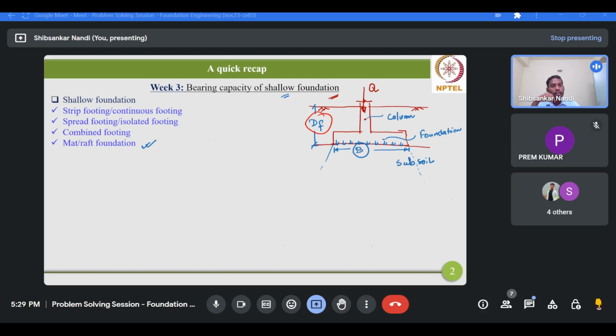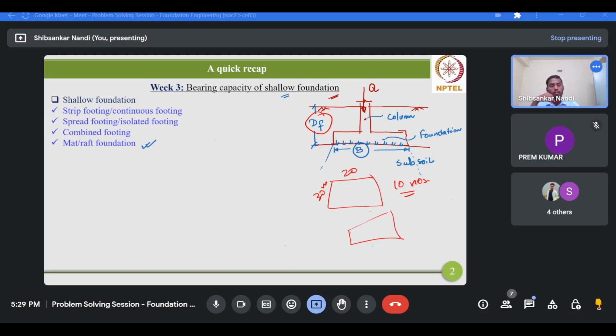So in that case, suppose this is the plan area 20 meter by 30 meter and you have 10 number of columns. Now the footing designed for one particular column is overlapping with the footing of another column. Now what will happen? In that case, you can design a combined footing instead of an isolated footing.